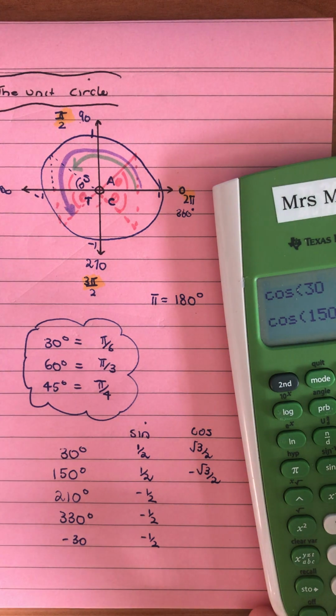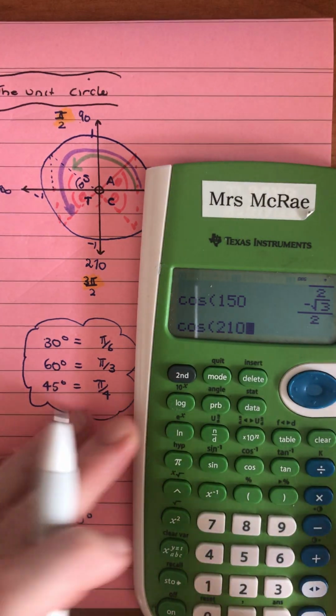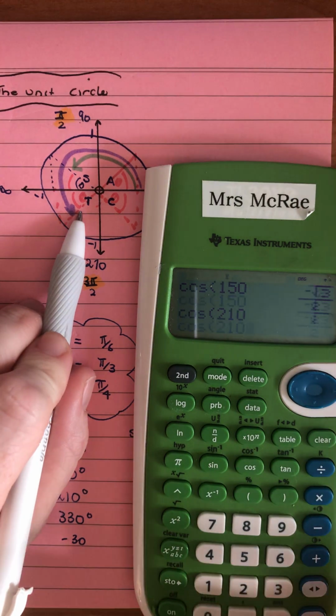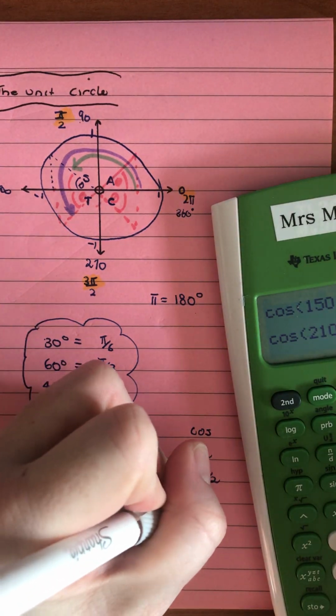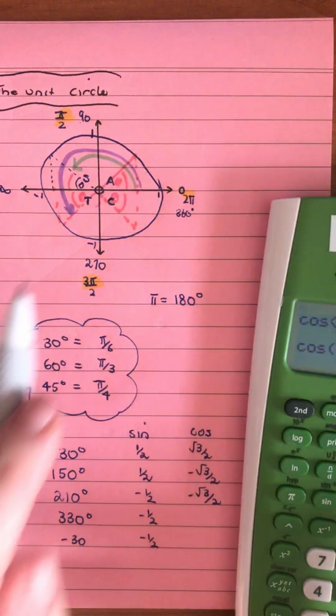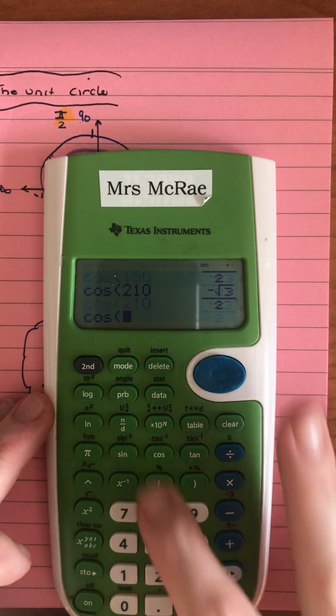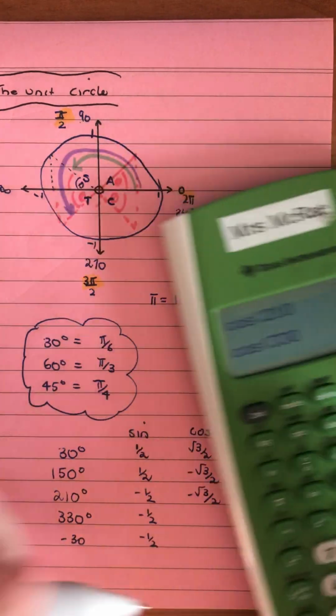And that was what we were expecting. If we do cos of 210, then we're expecting it to be negative again. Negative root 3 on 2. And if we do cos of 330, that's the quadrant where cos is positive, so we should expect it to be positive. And we get a positive number.